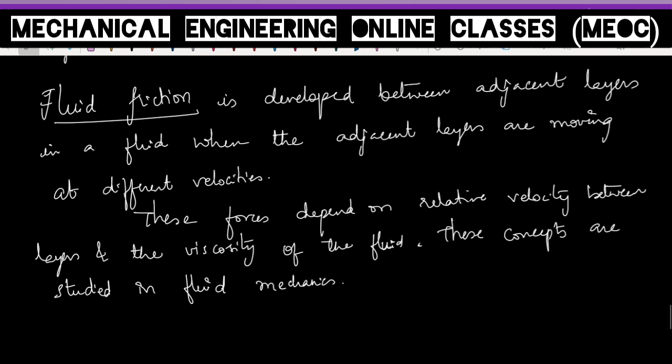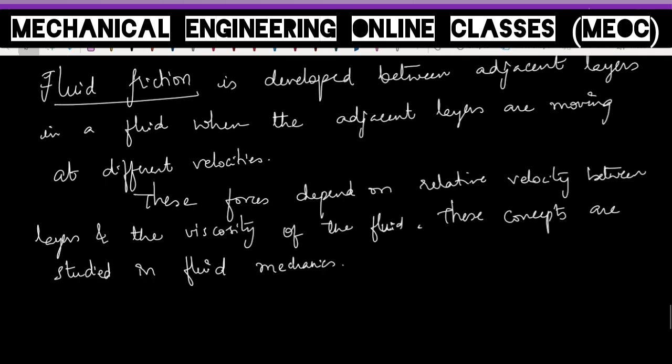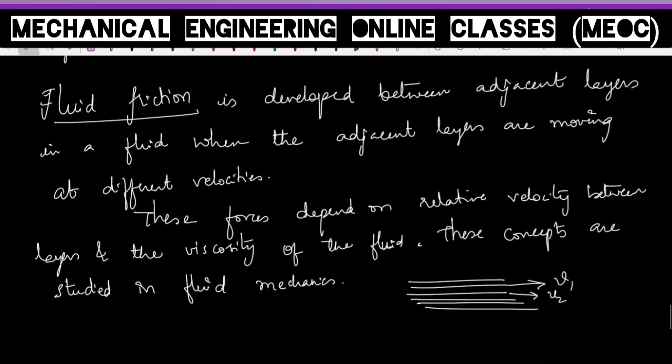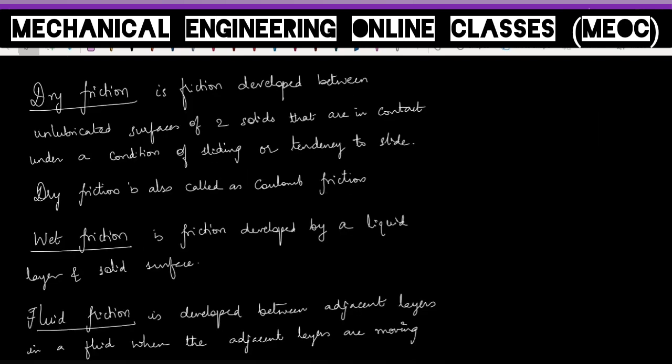These concepts of viscosity and relative velocity between fluid layers are studied in fluid mechanics. If this is all fluid, these are all different layers. If this layer is moving at some velocity V1 and this one at say V2, both are not equal, so there is a friction developed between them. So it is friction between two different liquid layers. This is fluid friction. So dry friction, wet friction and fluid friction are the frictions based on the types of surfaces in contact, whether solid to solid, solid to liquid, or liquid to liquid.